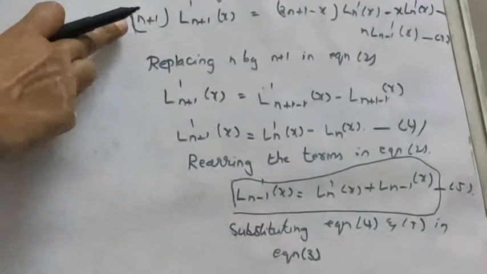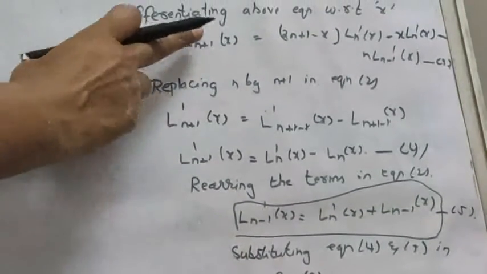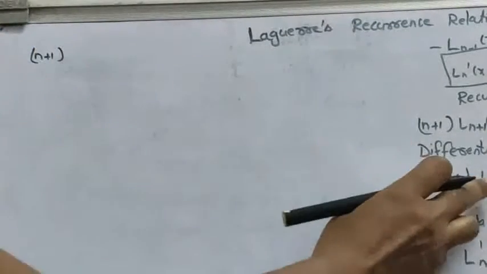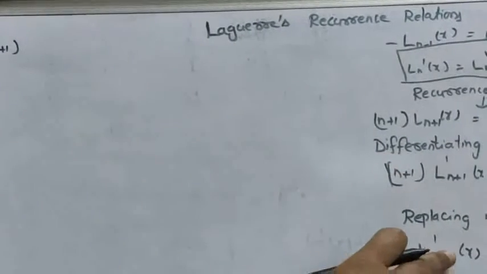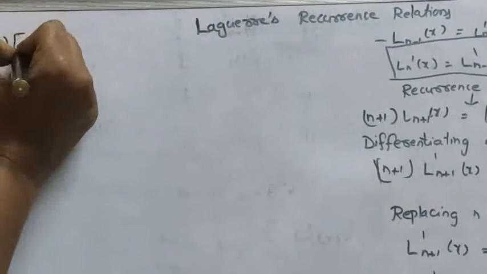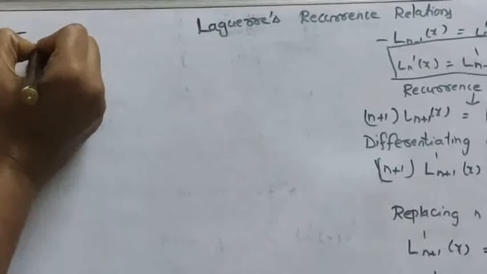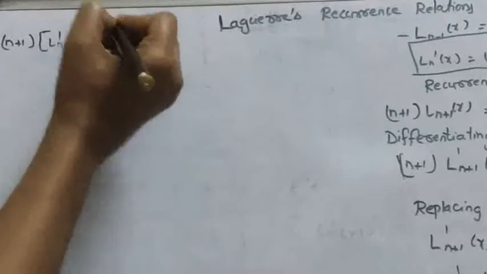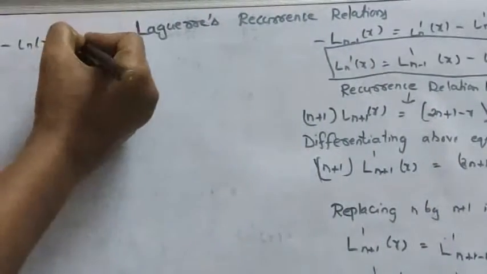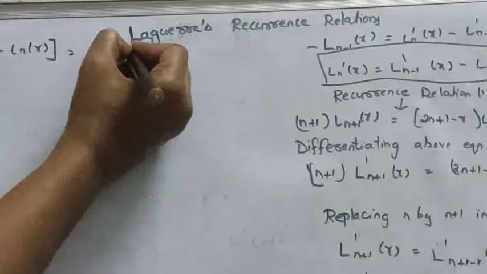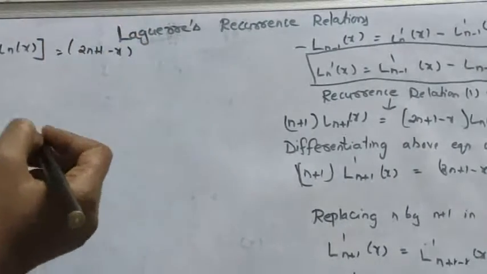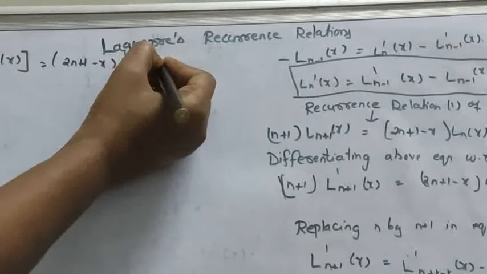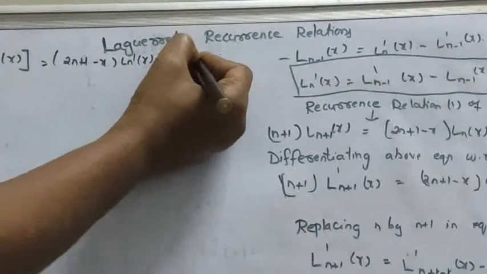So once you look at equation 3, n plus 1 of n plus 1 dash of x is n plus 1 like that only. What is n plus 1 dash of x value? This term. I am going to write ln dash of x minus ln of x next is equal to 2n plus 1 minus x, ln of x also like that only, ln dash of x like that only, minus x ln dash of x like that only.